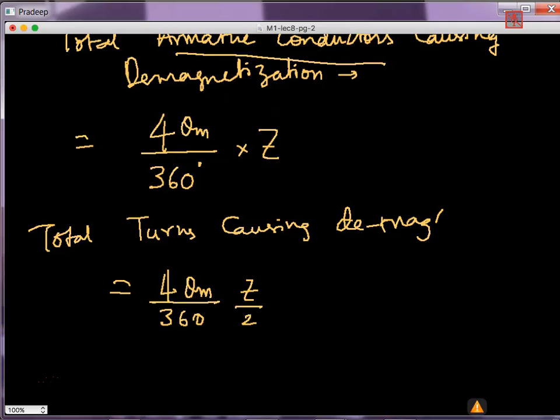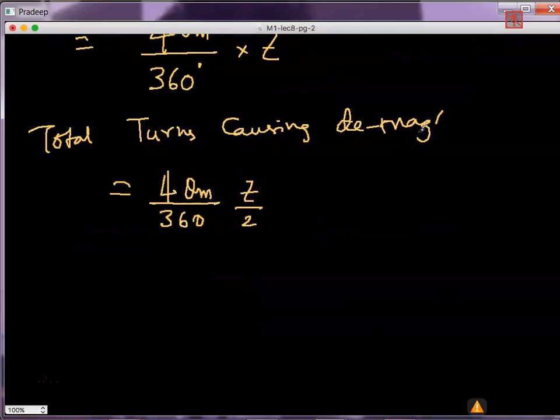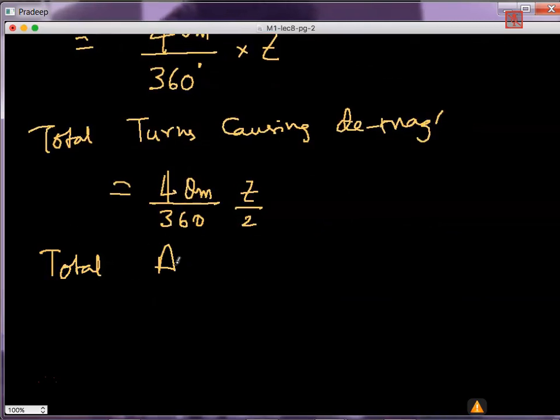This is demagnetizing. Then total ampere turns causing demagnetizing.